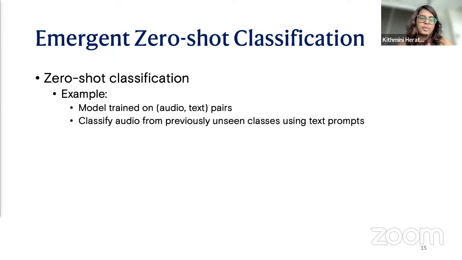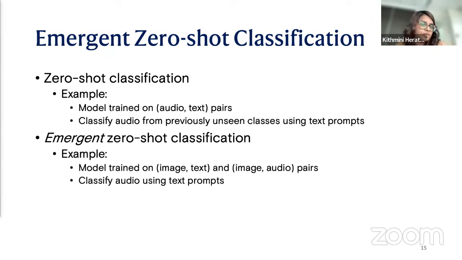The first experiment they show here is the emergent zero-shot classification. To clarify the terms, a zero-shot classification is, for example, a model trained using only audio and text pairs, but during inference it can classify audio coming from unseen classes, using the text prompts that you used for training. So this is called zero-shot classification.